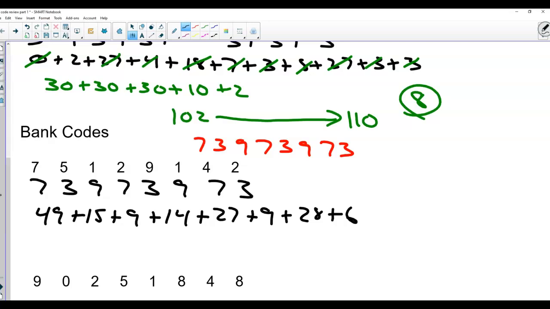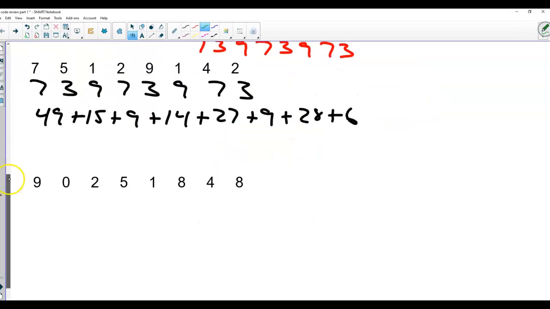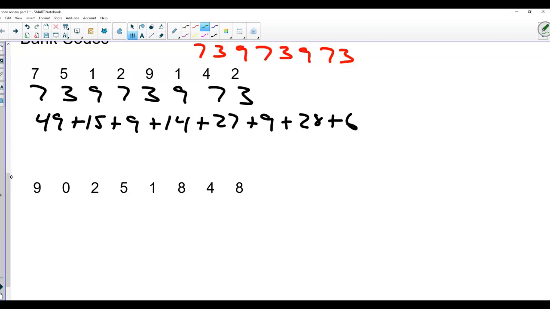So when I add those up, let's see what we can come up with here. Where I can start combining stuff. A lot of nines make it a little bit more difficult. Let's do this. 27 and 9 is 36. 36 and 14 is 50.